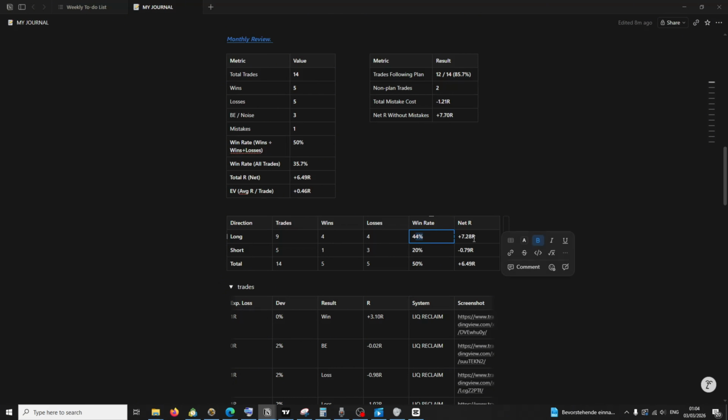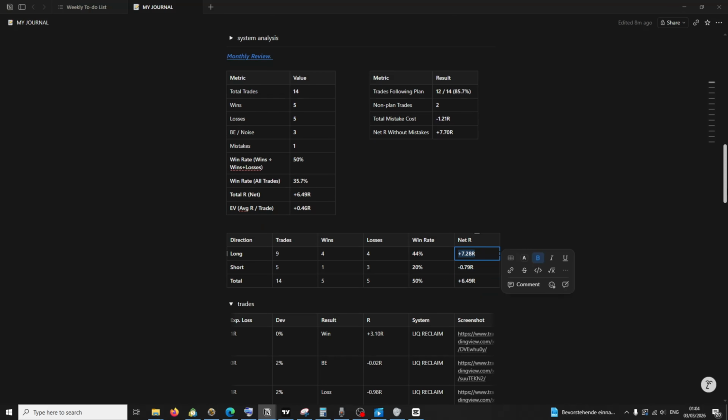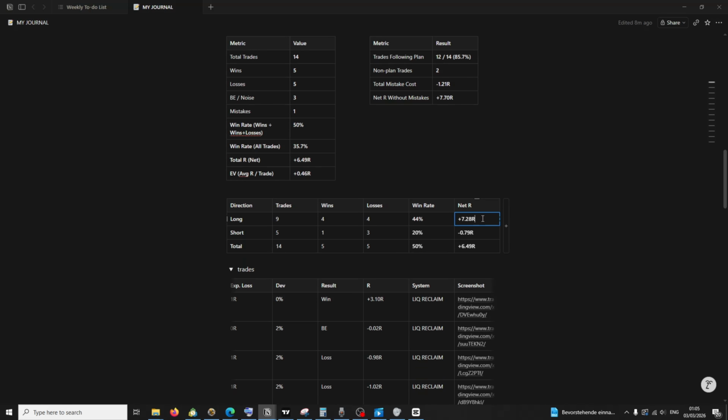So a 44% win rate and a net result of 7 R for the whole month. It's pretty funny because the market is not going anywhere, but somehow this liquidity reclaim is reacting much better on the long side than on the short side. So this is a good metric to see.